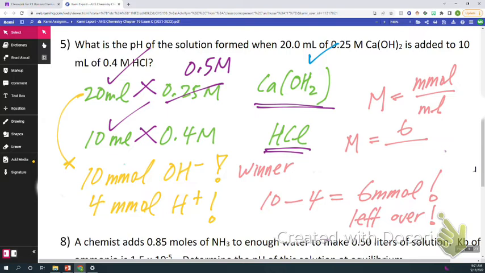Now milliliter is now total milliliters, because you combine the two right now. So it's 30 milliliters. It's 20 plus 10. You've added the two together. Right? 6 over 30. So molarity is 0.2. This is OH minus.